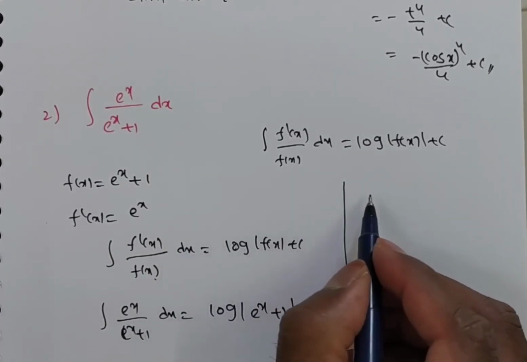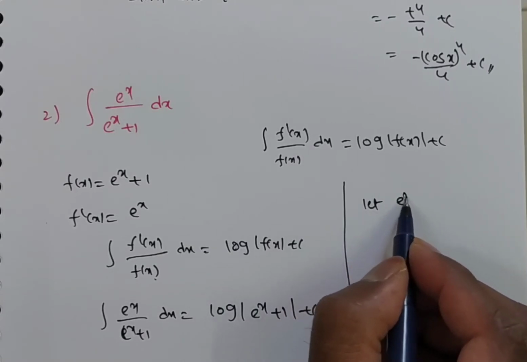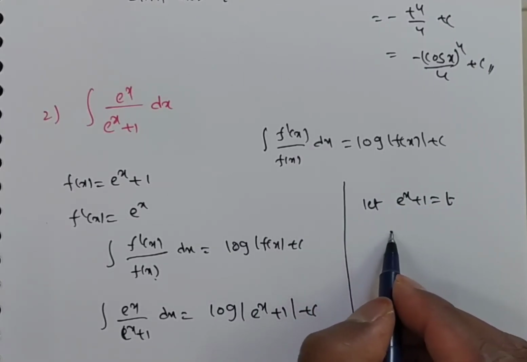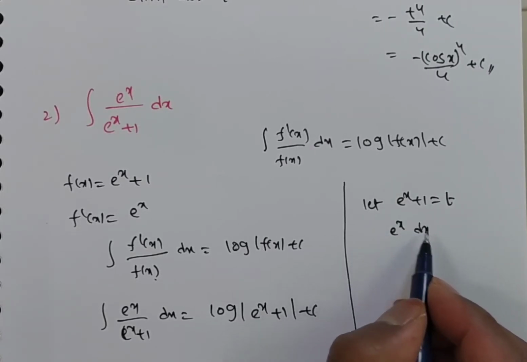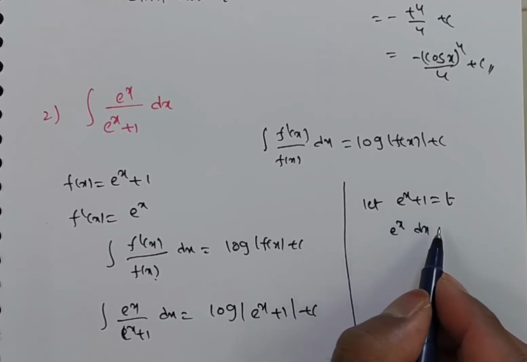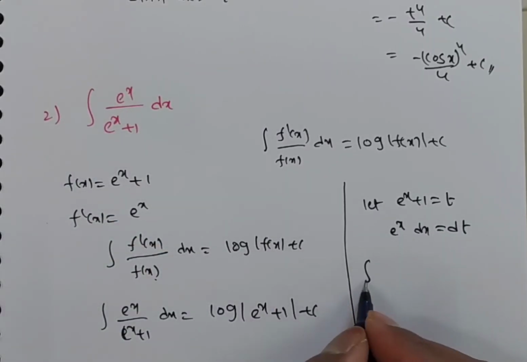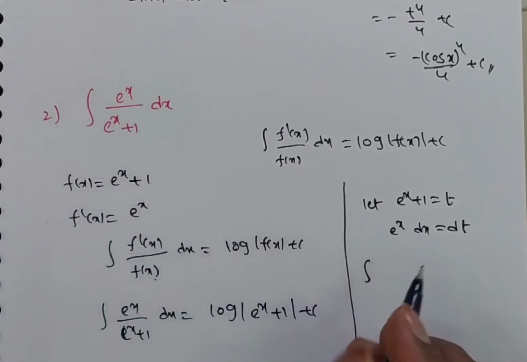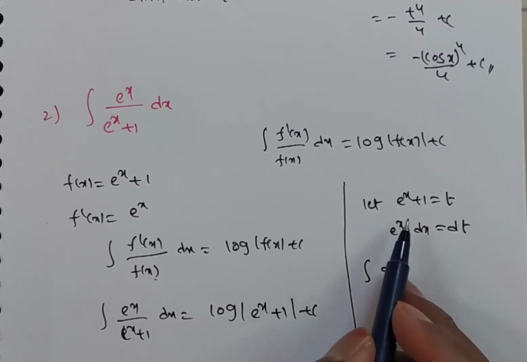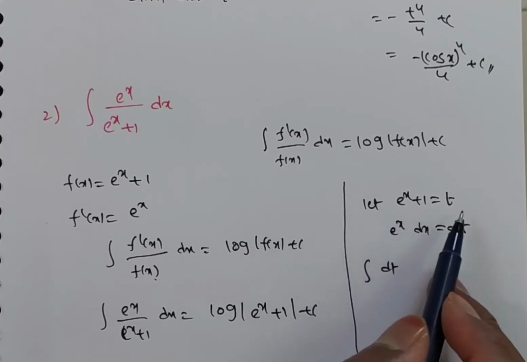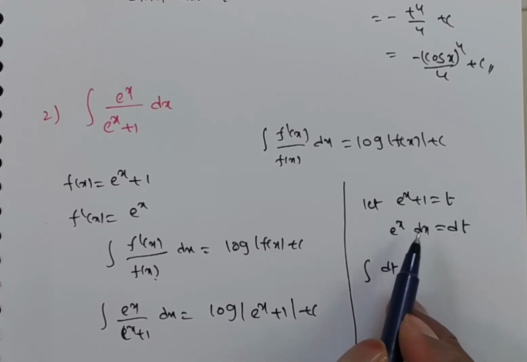Another method, the substitution method: let the denominator e power x plus 1 be t. Then differentiate on both sides. Then the derivative of e power x is e power x into dx. Here the derivative of 1 is 0 and the derivative of t is dt. Substitute these values in the above equation. Then e power x dx is dt. Friends, you see, we are changing the function from x to the t variable, so dx also you have to change into dt.